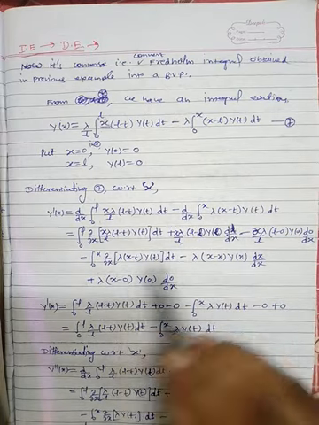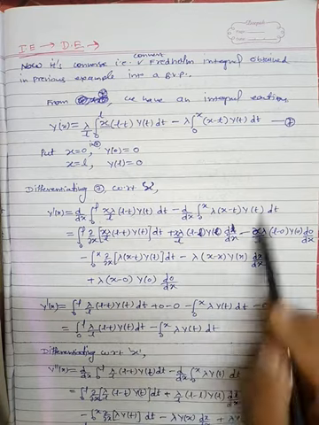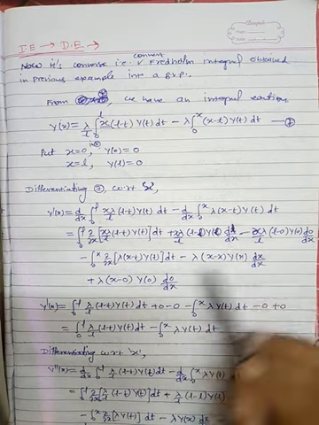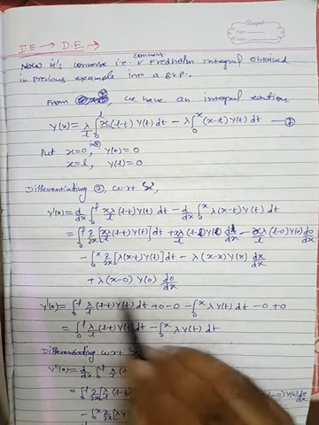Again apply the Leibniz rule: this partial derivative and this term, minus, the upper limit is x, so lambda (x minus x) y(x) dx by dx plus lambda of this term.